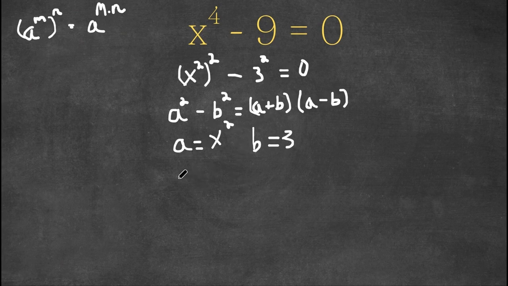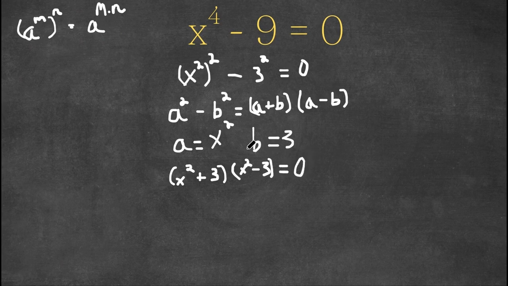So a is x squared, so we have x squared plus 3, times x squared minus 3.